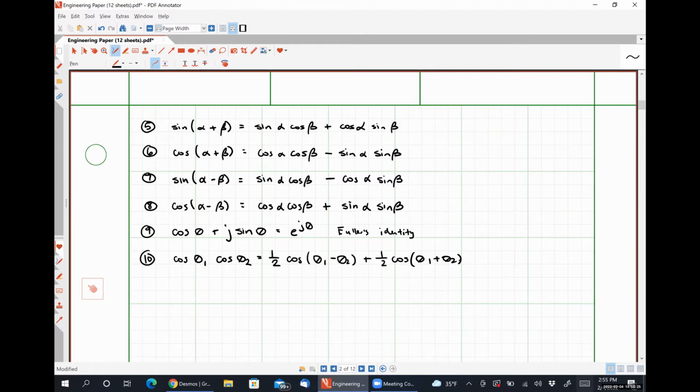There are actually three other identities that we could list out here, but because we know how to convert any sine to a cosine, we can always just rely on this one, number 10, whenever we're multiplying sinusoids. Okay. So these are our trig identities that we're going to be toying around with a lot in our sinusoidal steady state portion of the class. So I just wanted to give them all to you in one go, and then I'll remind you of them when we actually apply them as well.